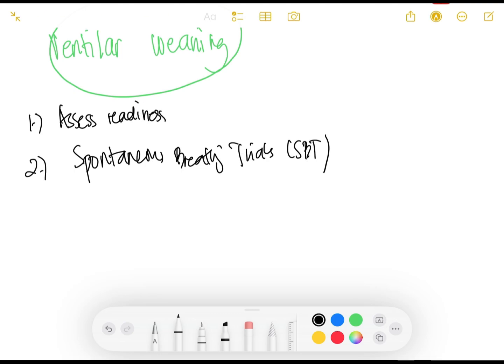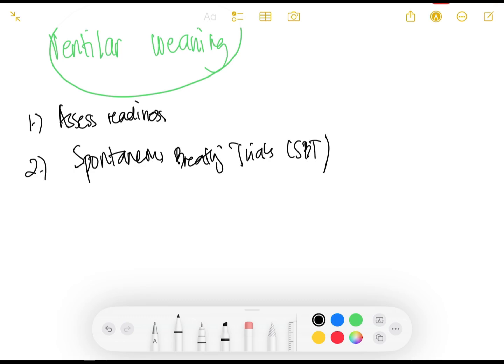Okay, and then of course, we have to assess the patient for extubation or kapag tatanggalin na yung tubo. Okay, assess for extubation readiness. Ano to? We have to check, okay, if effective na ba or working na ba yung muscles ng airway ni patient. Okay, we have to check if the patient has already airway protection, meron na ba siyang cough reflex, meron na ba siyang gag reflex.